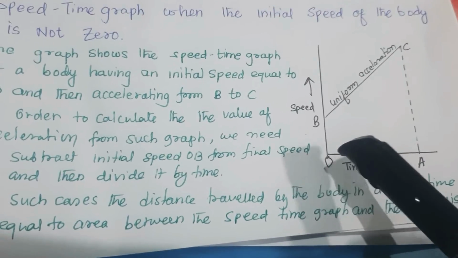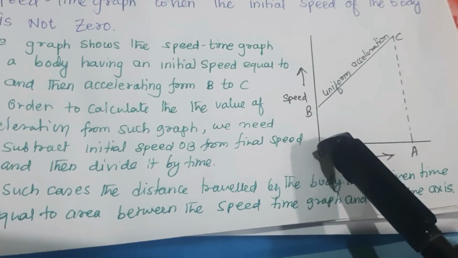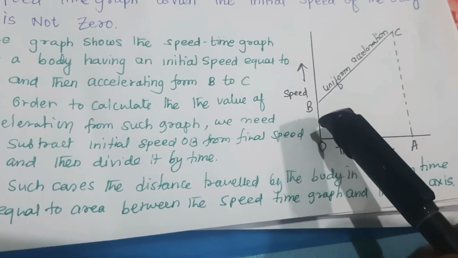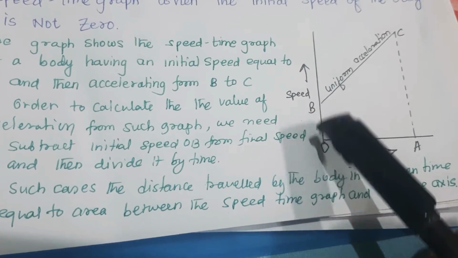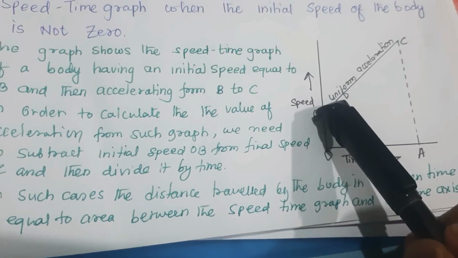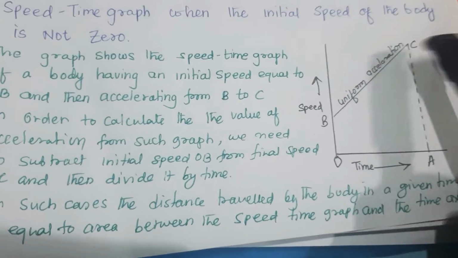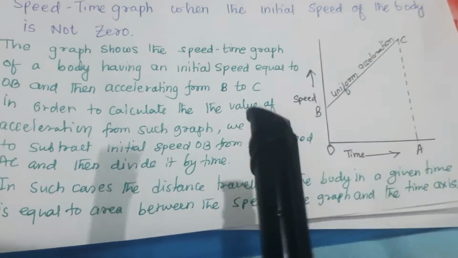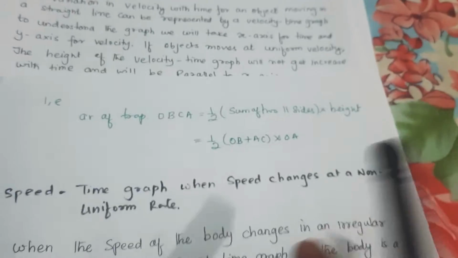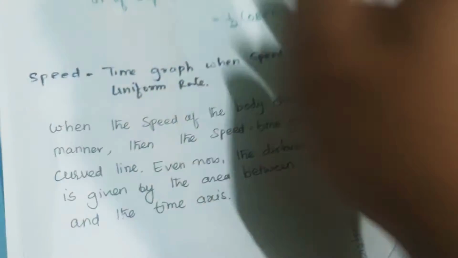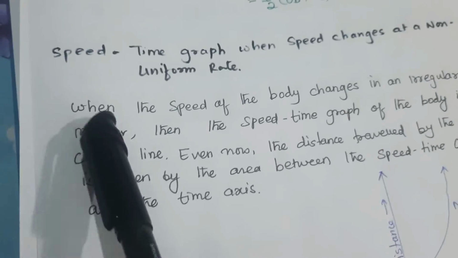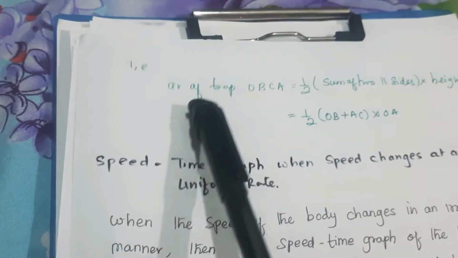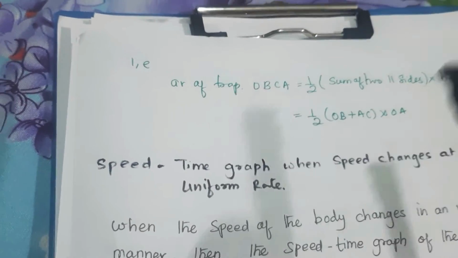So look here, if it was 0, it would have to come from this point, but it is not. It comes from OB. So this OB is our initial and this AC is our final. To understand how we will calculate it, the distance is the area of trapezium OBCA.